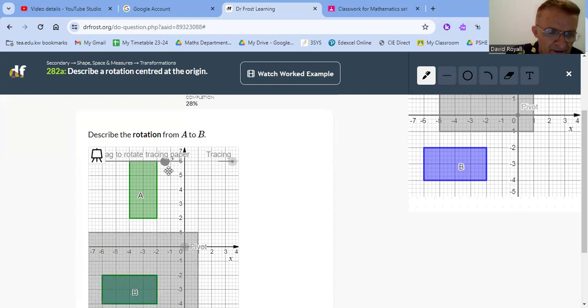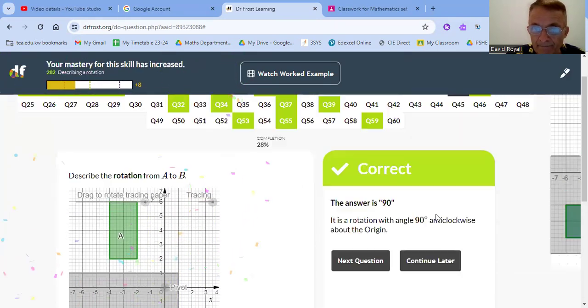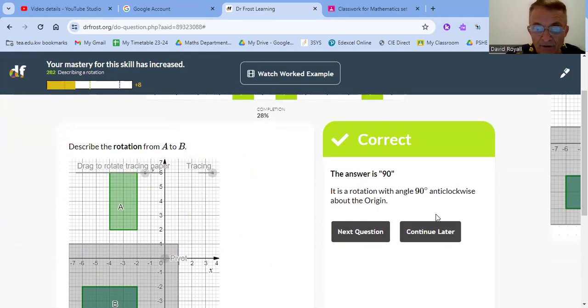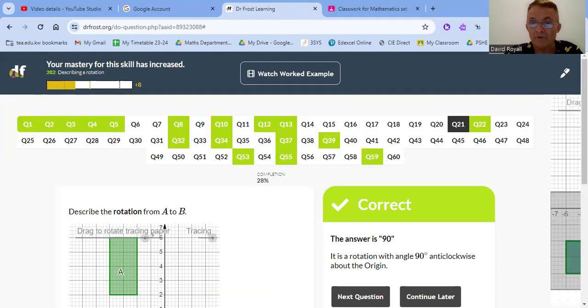But it hasn't actually asked us where the pivot is. And more advanced questions would. So we've gone 90 degrees anti-clockwise. See? I got 3 right in a row, 4 right in a row, and I really did. Okay. All right, well, that's it.